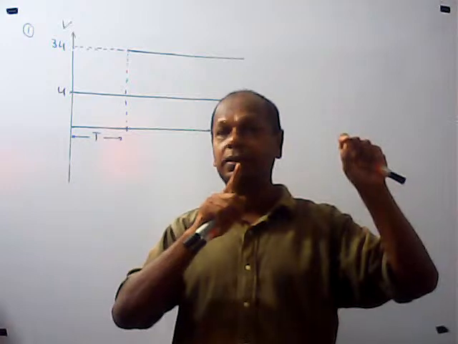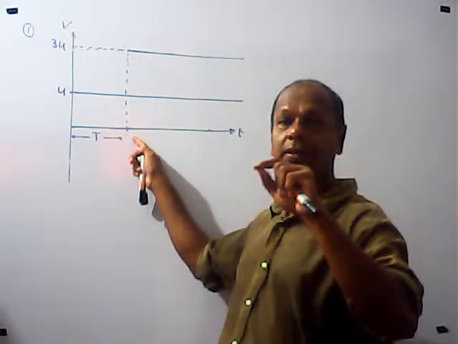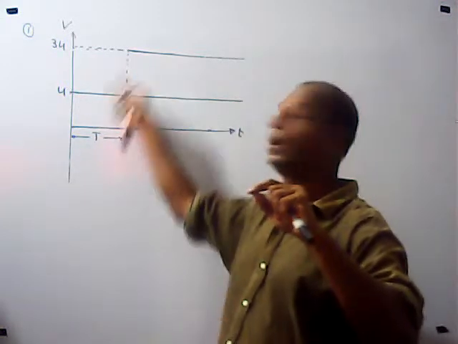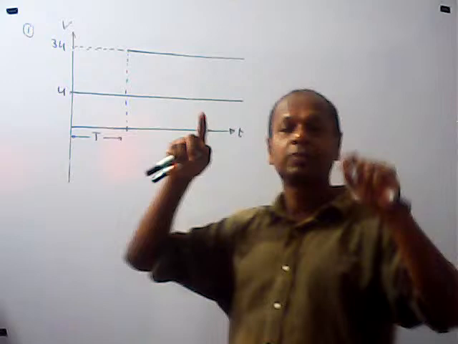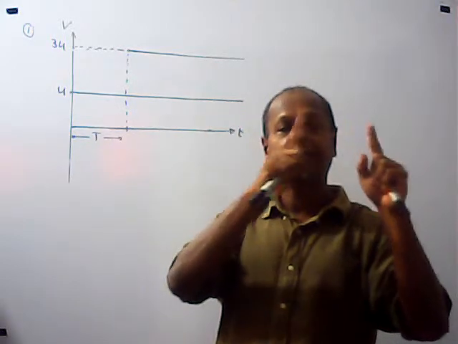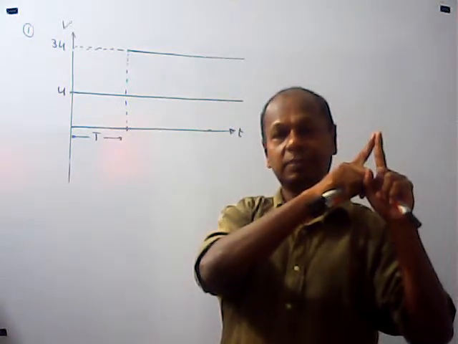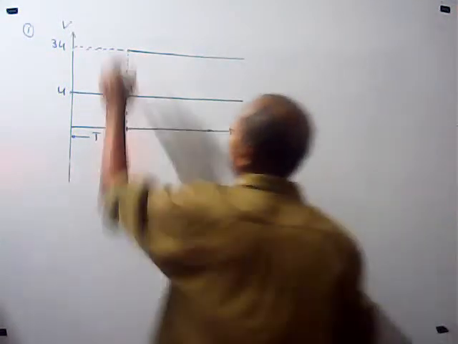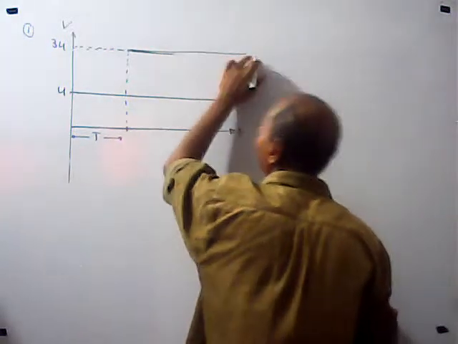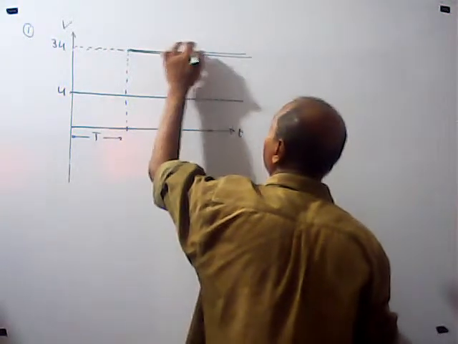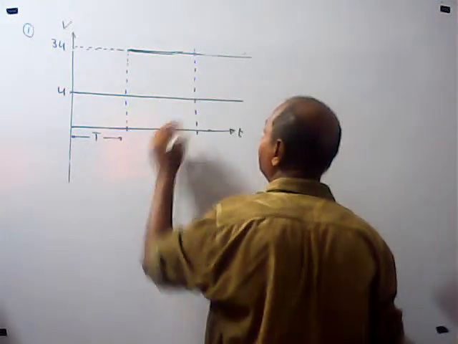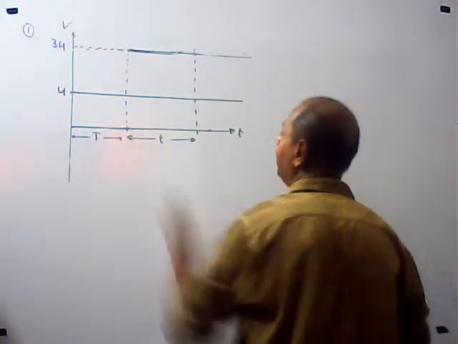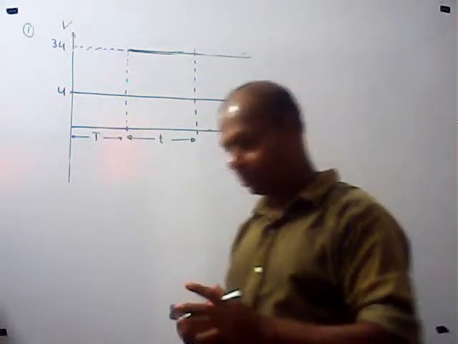Even though the motorcyclist starts after a time capital T, the motorcyclist's speed is greater than that of the cyclist. So with a greater speed, the motorcyclist can catch up this gap, the distance. So at some instant, the motorcyclist will be able to intercept the cyclist, say after some time, simple t. This is the instant where they meet, or overtake.